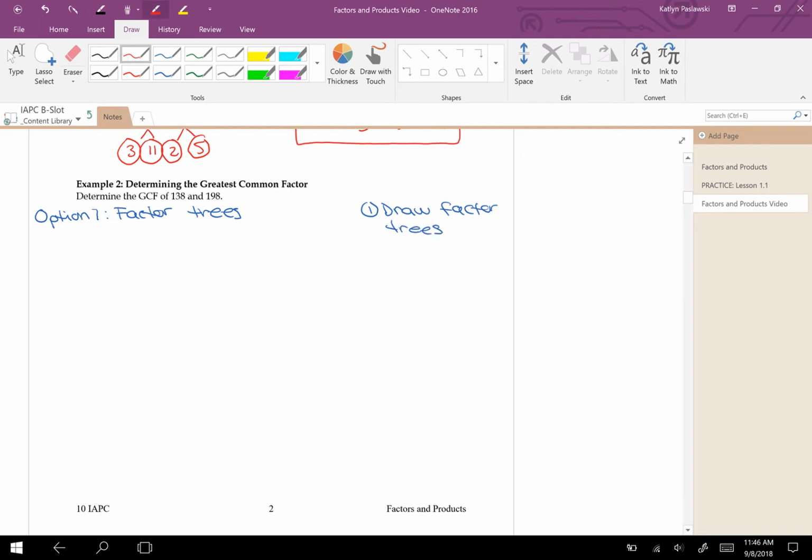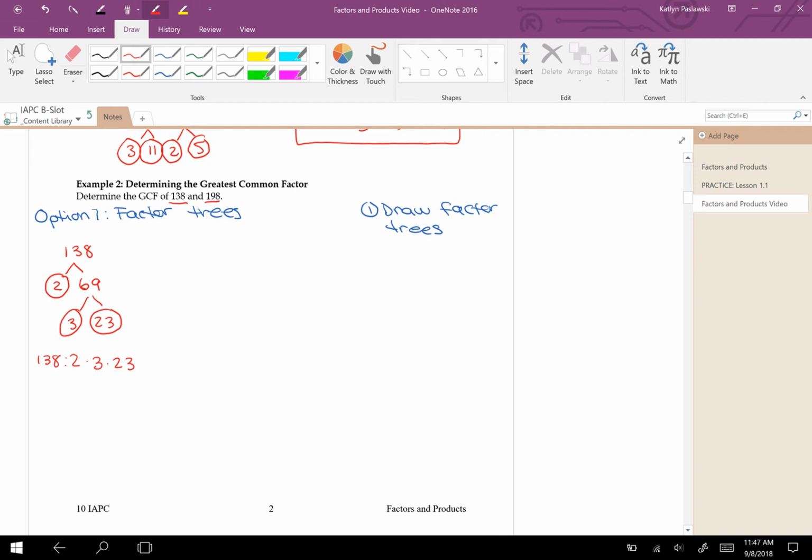So I'm going to start with 138. Two numbers multiplied to equal 138, 2 and 69. 2 is a prime number, so it's going to stop there. 69 can be multiplied with 3 and 23. Both of those are prime numbers, so it's going to stop there. So when I write out the prime factorization for 138, I have 2 times 3 times 23.